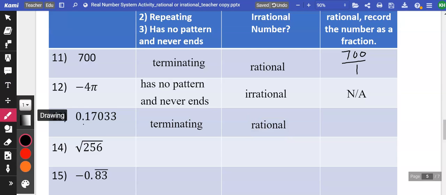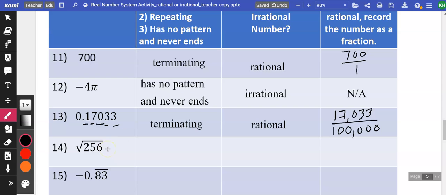So let me count it out. Tenths, hundredths, thousandths, 10,000ths, 100,000ths. So I put 100,000 in the denominator. And then in the numerator, I put 17,033. And normally we would check this, but 17,033 is a prime number. I know that because I made that problem, so you can't reduce that.